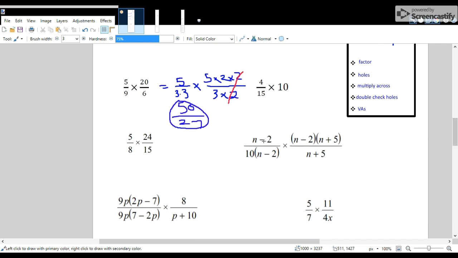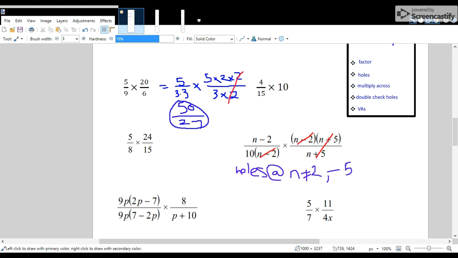Let's look at this one. So let's see what would cancel out here. Well, the n minus 2's would cancel, and the n plus 5's would cancel. So that means we have 2 holes. Holes at n equals 2 and negative 5.